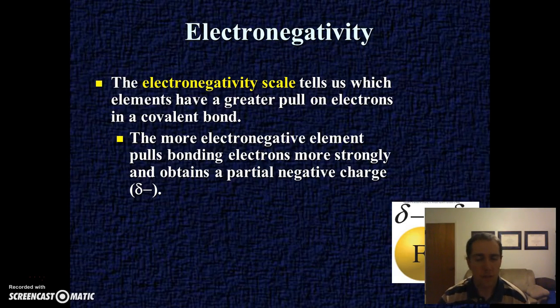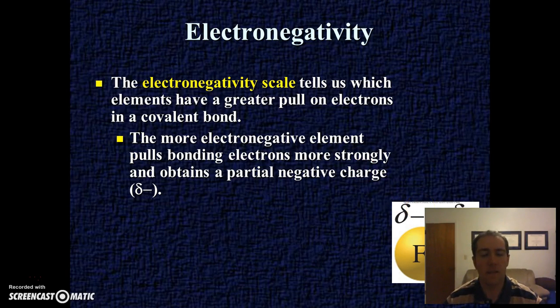So we actually have an electronegativity scale, where every element is assigned an electronegativity. And so what we can do is simply look at that chart and look up the electronegativity of two different elements and look at the difference between those electronegativities.